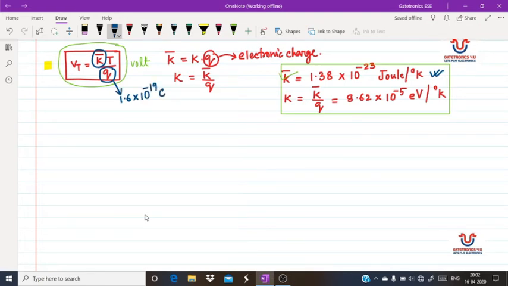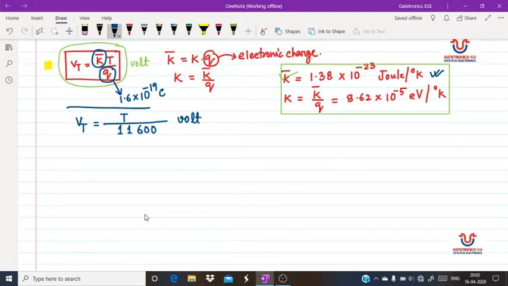So if I substitute these two values, Vt will become Vt equals to capital T, that is temperature, divided by 11,600, and the unit is volt.